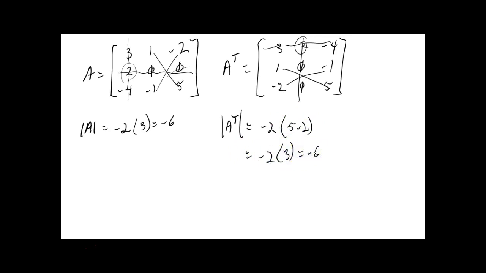Like I said, the minors and the cofactors and everything are identical. You just change rows and columns and choose the same column corresponding to the same row you did before, because that's the easy one to do. Everything stays the same.